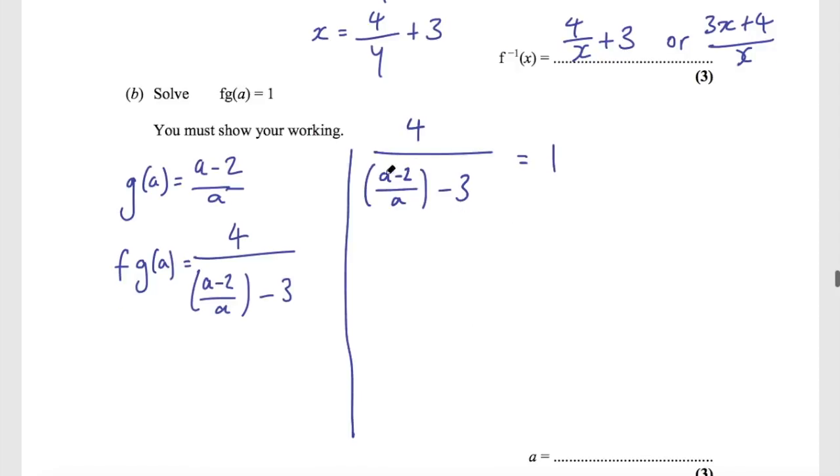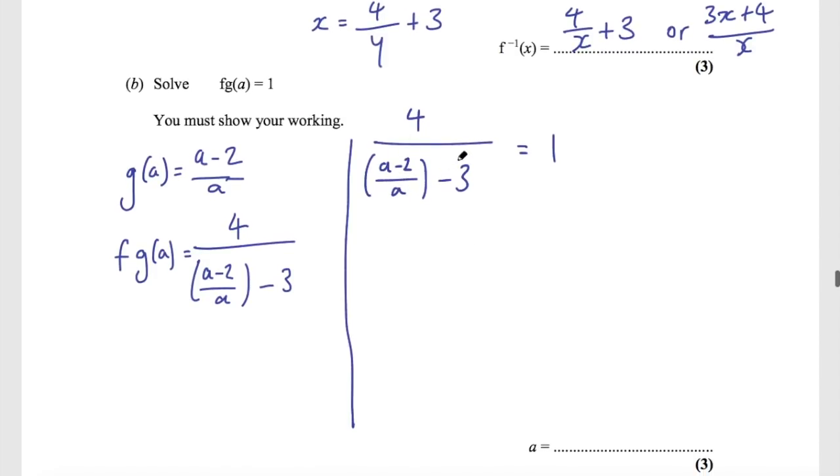And now we have an equation with one unknown, so we're going to be able to solve for a using this equation. So let's go ahead and multiply everything on this bottom line over here. Anything multiplied by 1 is just itself. So we could say that a minus 2 on a minus 3 will equal 4.